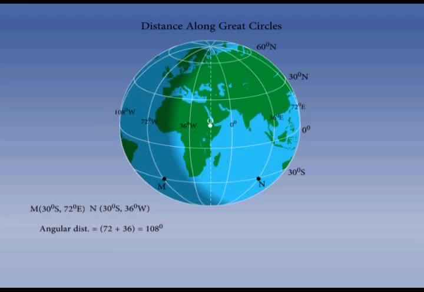Arc length is equal to theta over 360 times 2 pi r, but remember, small r is given by capital R times cos x. So we have 108 over 360 times 2 times pi times 6,370 times cos 30. That gives us 10,402.39 kilometers.